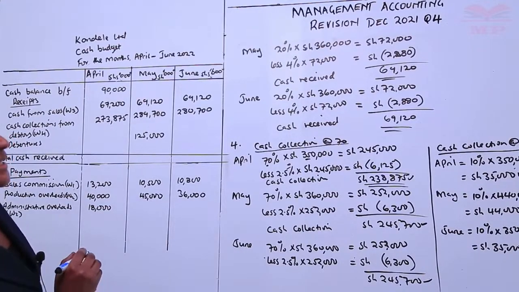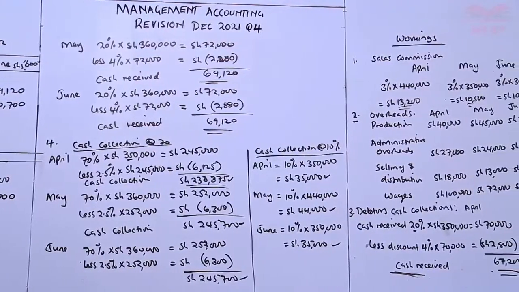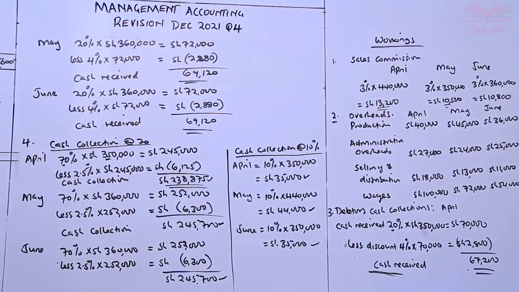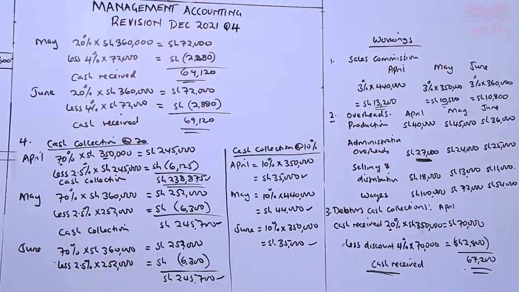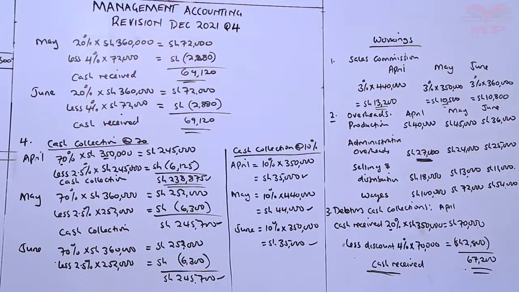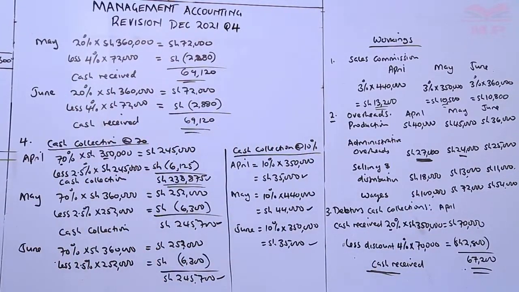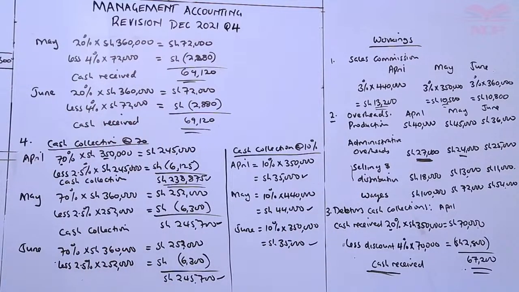May 13,000, and June, no. For April, administration should be 27,000. For May, we have 24,000, and for June we have 25,000. We move on to selling, distribution.